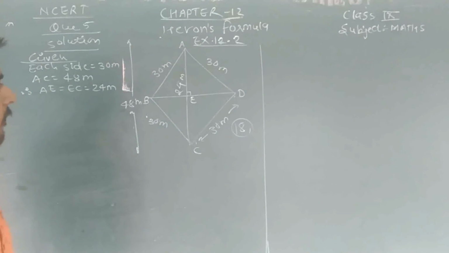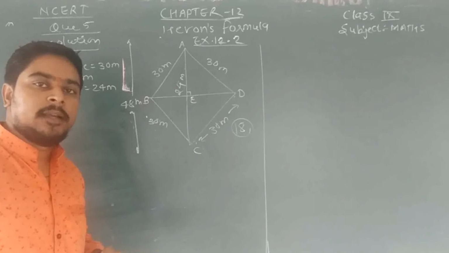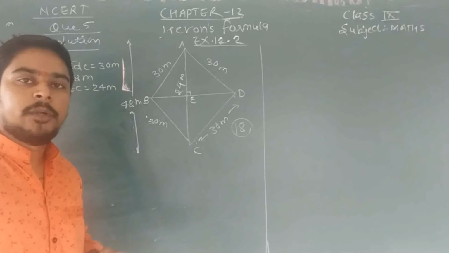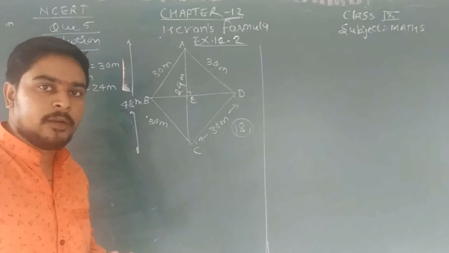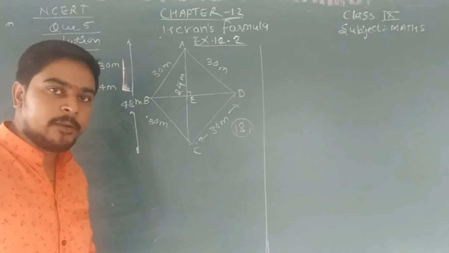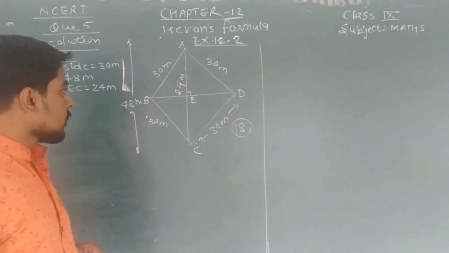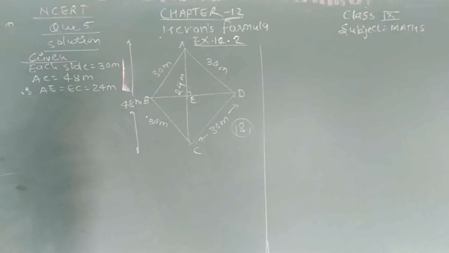So how will the area of a rhombus be calculated? If we have the two diagonals, by the formula 1 by 2 into d1 into d2 we will calculate, where d1 and d2 are the diagonals of the rhombus.